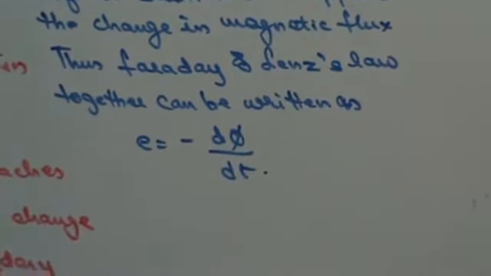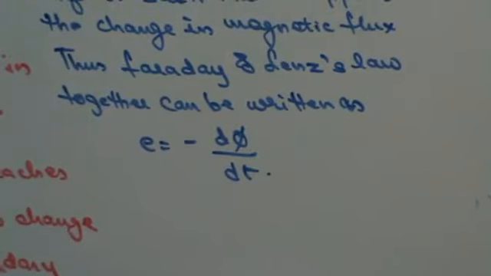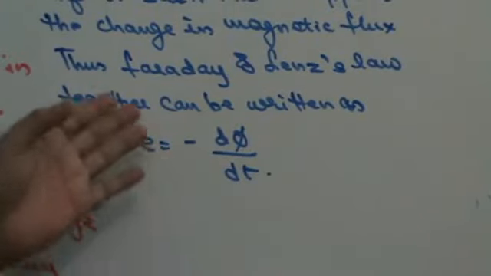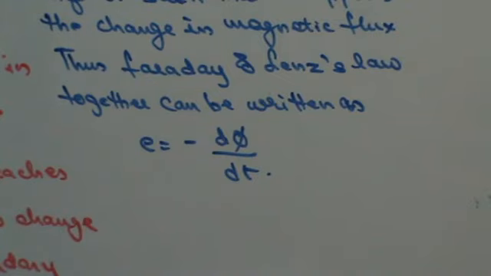Why the negative sign? The negative sign says that the direction of the EMF and flux are opposite to each other. Fine, do we get this thing clear? Question: why is it that the direction of the induced EMF and flux are opposite to each other?